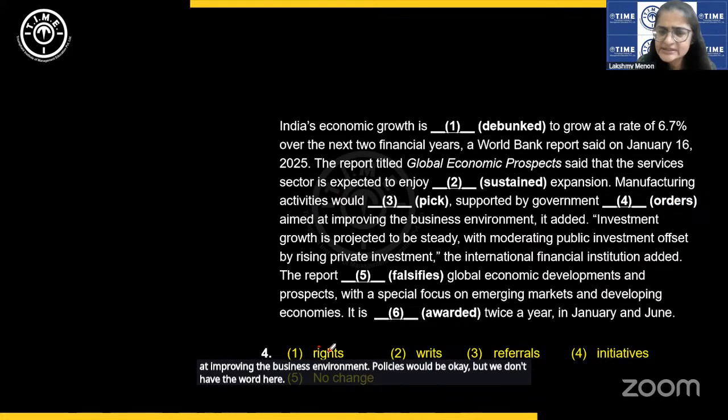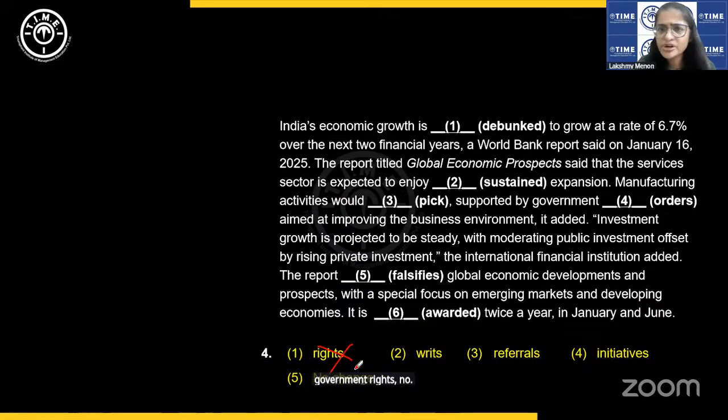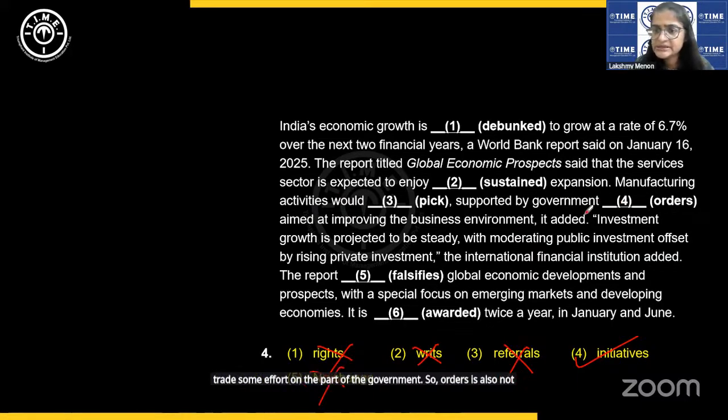Government rights, no. Writ, you know what a writ is, a writ petition, out of scope here. Referrals, to refer somebody or recommendation, no. Initiatives, absolutely, government initiatives, right? Some effort on the part of the government. So orders is also not appropriate. Initiatives is in blank. Okay, next.